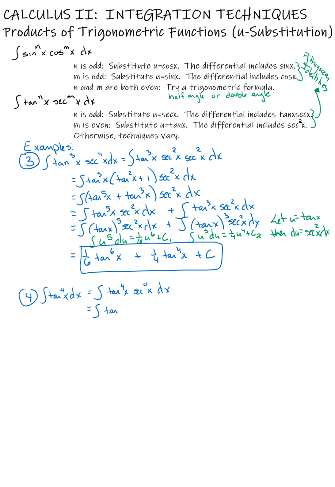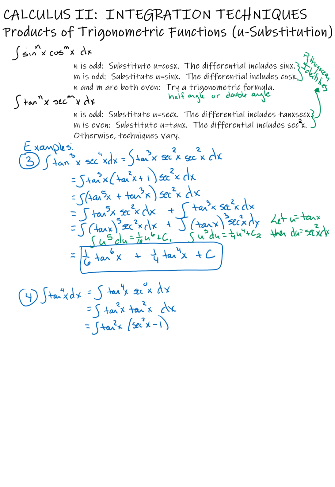Let's make this tangent squared times tangent squared of x dx. And then we know that, again, using a version of the Pythagorean identity, that tangent squared, and I'll use the second one, I can write as secant squared x minus 1.